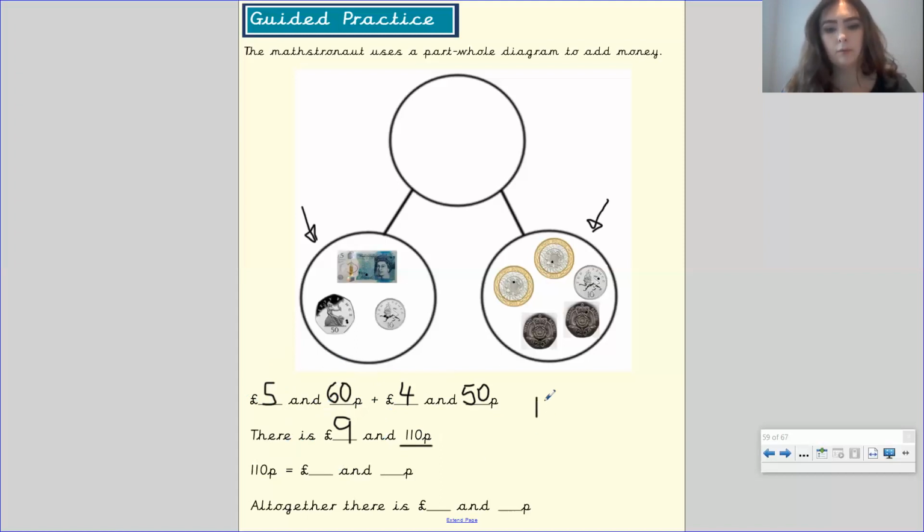But we know that 100 pence is the same as £1. So using that, what is 110 pence the same as if we put it into pounds and pence? Pause the video to have a think.